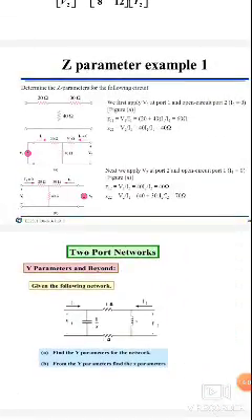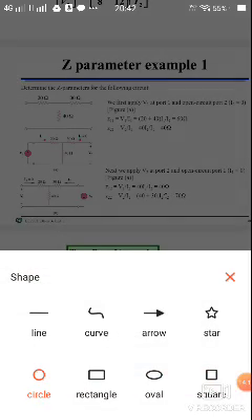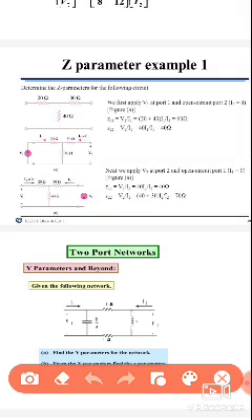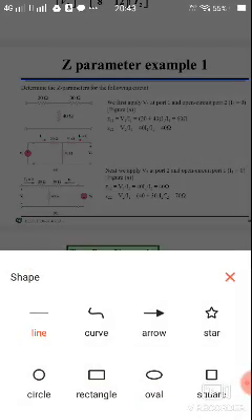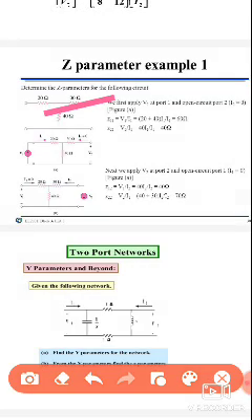Now let us do some problems. Determine the Z parameters for the following circuit. The Z parameter equations are V1 equals Z11 I1 plus Z12 I2, and V2 equals Z21 I1 plus Z22 I2.